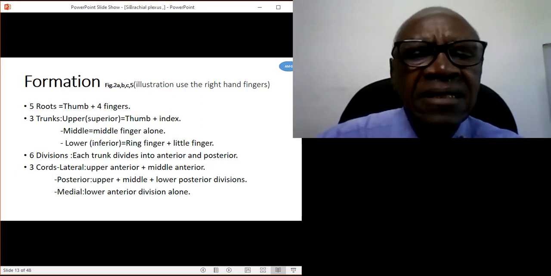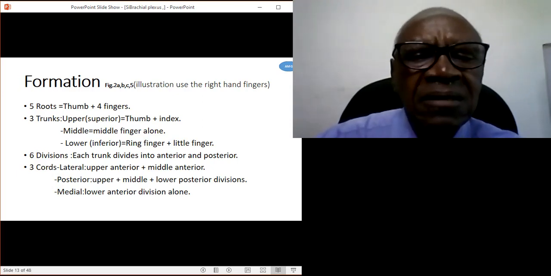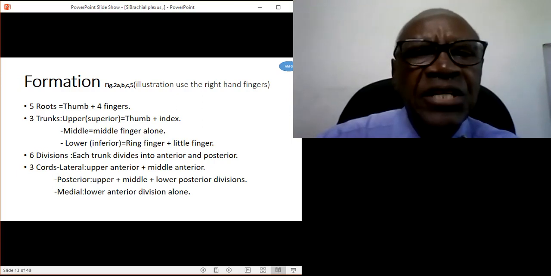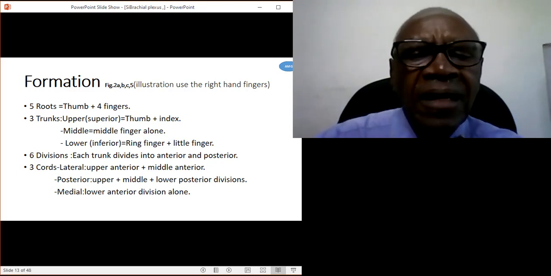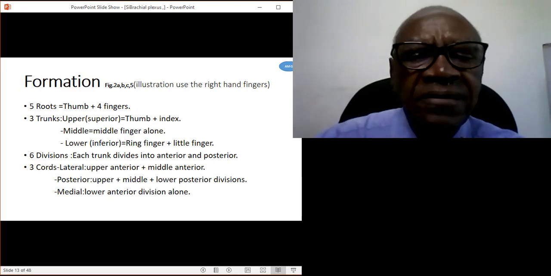In the 6 divisions which come from the trunks, each trunk divides into one anterior and one posterior branch. Now, they form cords. There are 3: lateral, posterior, and medial.